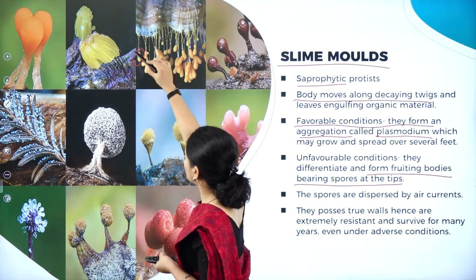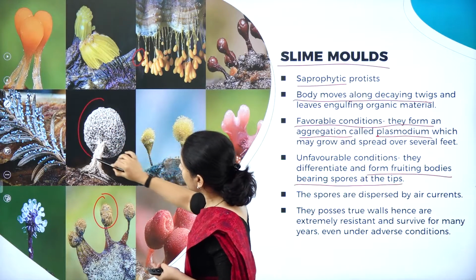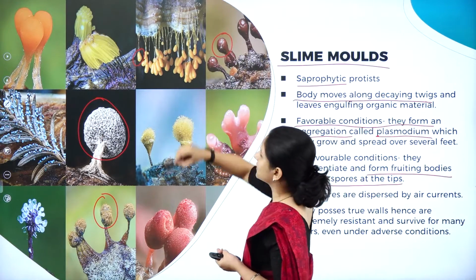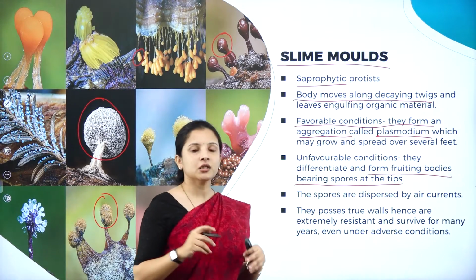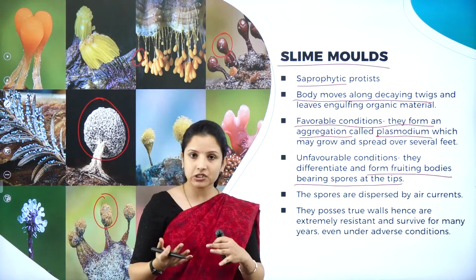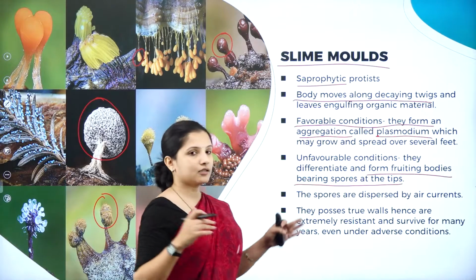You can see the spores here, and fruiting bodies everywhere. During unfavorable conditions, the body of the slime moulds differentiates and forms fruiting body-like structures at the tip.